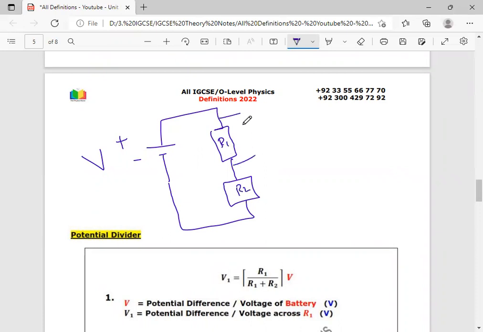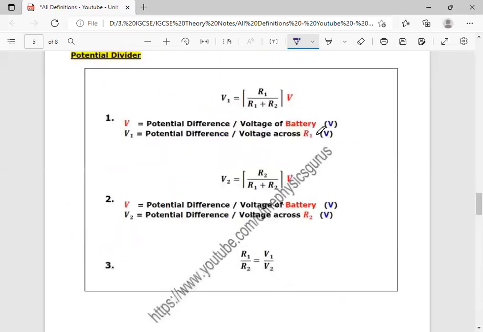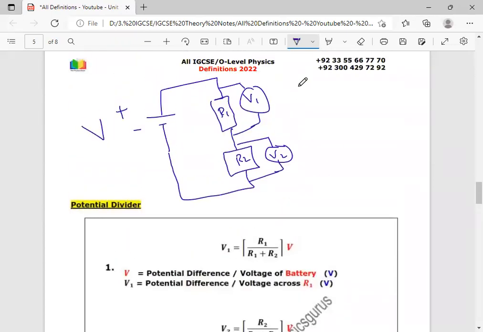This voltage will be V1 across R1. This voltage will be V2 across R2. So what are the formulas to calculate the voltage across R1 and the voltage across R2? V1 is equal to R1 over R1 plus R2 into V. What was the V? V was the total voltage of the battery.